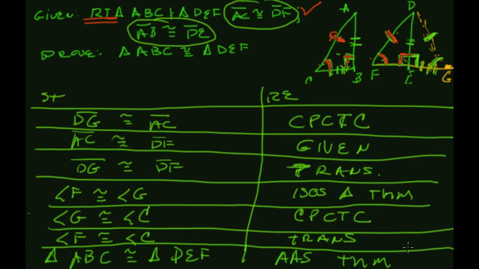So we had to use both theorems that we've already proven to make this one work. We've used the isosceles triangle theorem and the angle, angle, side theorem. Whew, that's a long proof. But it gets us there, and now we have 5 ways to prove triangles congruent in our system here.